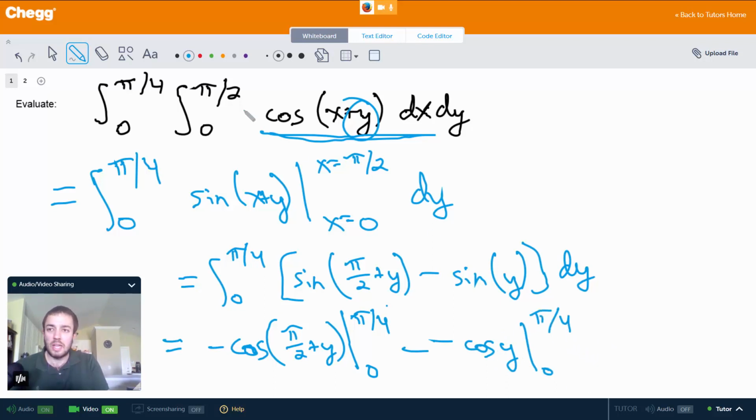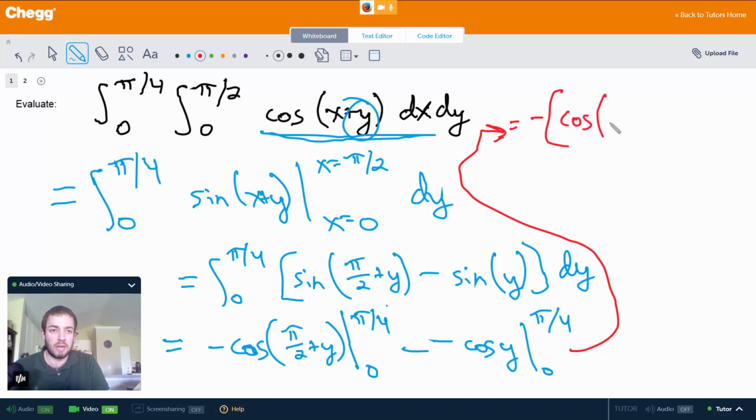All right, now let me go ahead and come up here, and I'll change color so it's a little bit easier to read. Now we have minus what? So this equals minus cosine of pi over 2 plus pi over 4. And then we're subtracting minus cosine of pi over 2 plus 0, so that's cosine of pi over 2.